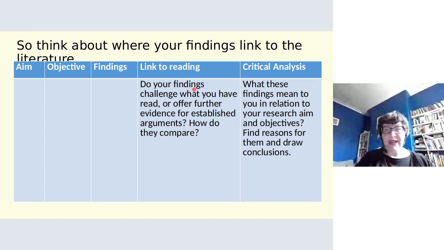And then what secondary literature are you going to bring in? And then the next stage, your critical analysis. What do these findings mean? So jump over from finding 1. What does this all mean? Particularly when you take this into account, what does it all mean?